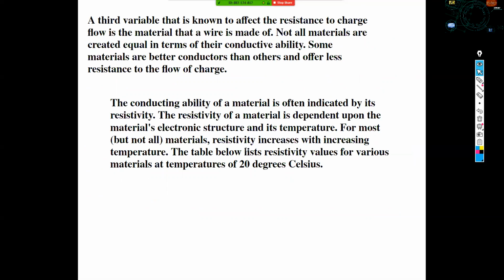Certain materials are better conductors. They have a lower resistance. They allow charge to flow easier versus things that are closer to an insulator. So the three variables that are going to affect your resistance are the length it's going to flow, the diameter of the wire or conduit, and also the material.